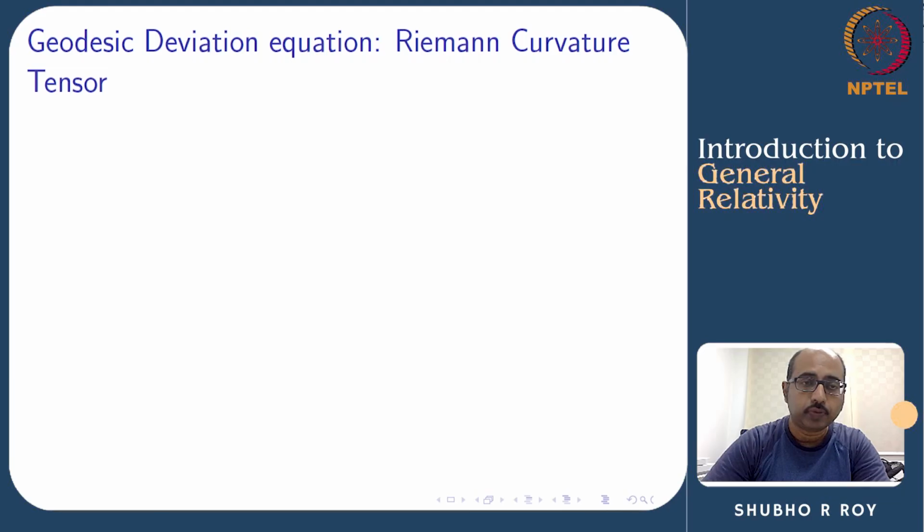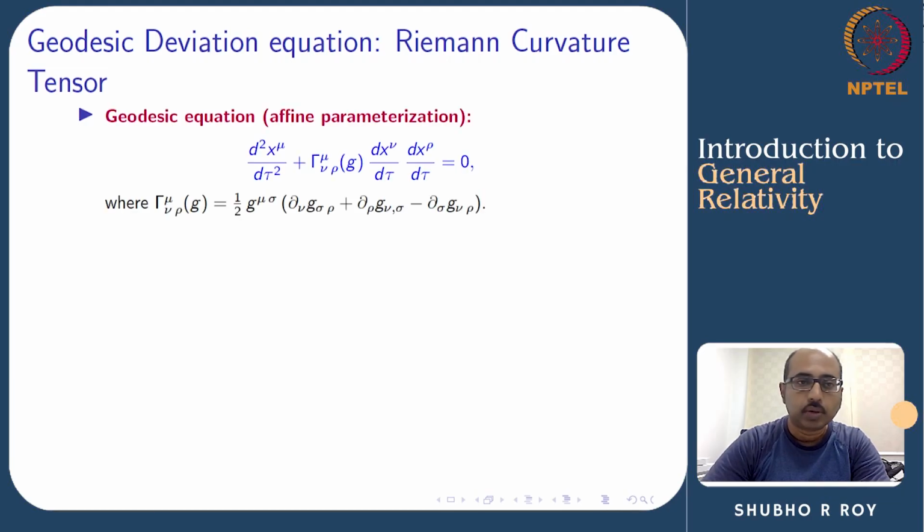And without further ado, let's introduce this geodesic deviation equation. Before that, let me just remind you what the geodesic equation was. If you remember, the geodesic equation is the equation of motion of a point particle moving in a gravitational field under the influence of purely the gravitational forces, no other forces.